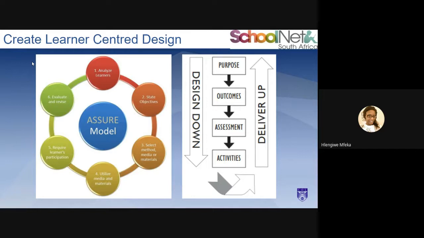The second one is where you state the objectives. Once you've stated the objectives, you then think about which methods you are going to use to facilitate learning, as well as the materials or resources that you would be using. How would you be using those resources and materials? Then you also think about learner participation.